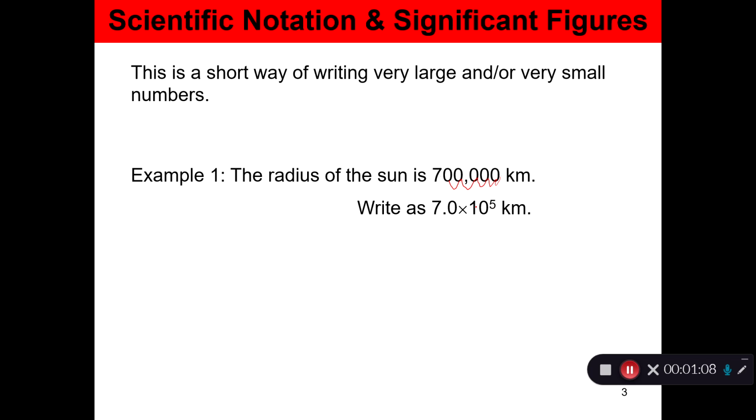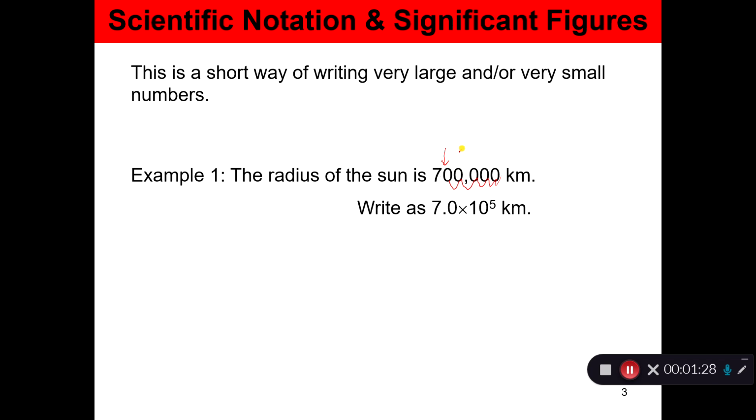And depending on how precisely we can measure, we can put zeros on the back side of this decimal. Let's say this is 7, measured precisely only to the first digit, then we can write 7.0 times 10 to the power 5.